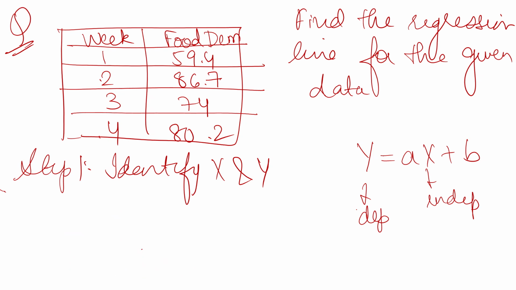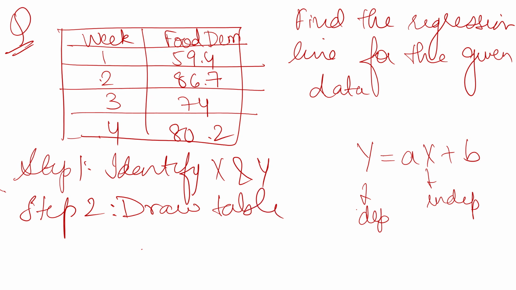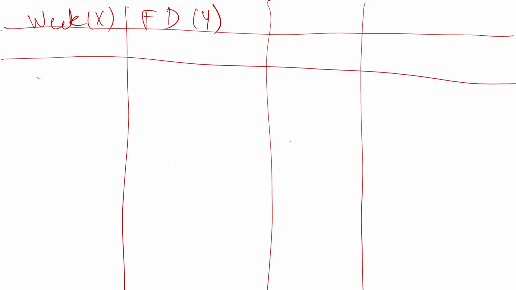After we identify X and Y, we step to draw the table. So let's see how to make the table. When you are making the table, you have to clearly mention week as X and food demand as Y. Now, when you calculate, you have to write all the values here.